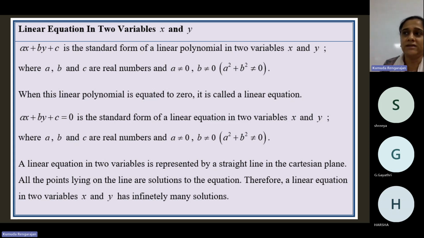Now on the straight line, there are many points. If you take the address of a point and put that xy value in the equation, the equation is satisfied. You take another point from the line and put it in this equation, the equation is satisfied. Like this, every point lying on that line will satisfy the linear equation. Now this line has infinitely many points. So this linear equation in x and y has infinitely many solutions.